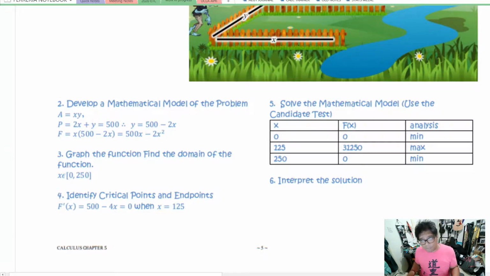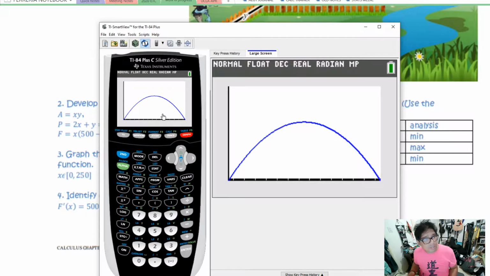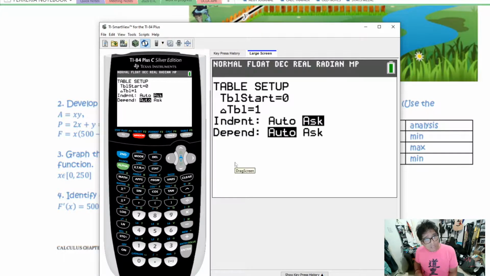So now's a good time for us to take out our calculator. Let me show you a really quick way of doing this. If our y equal function is over here, this is our primary equation. First I have to set my table. This is the way you want it: independent, ask; dependent, auto.